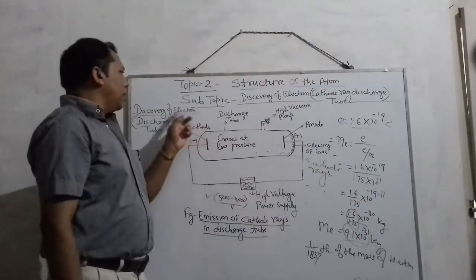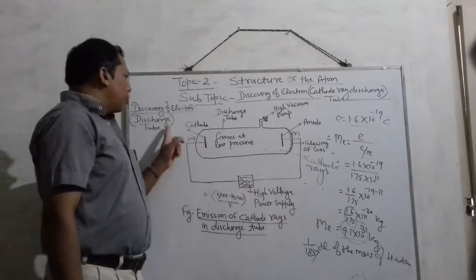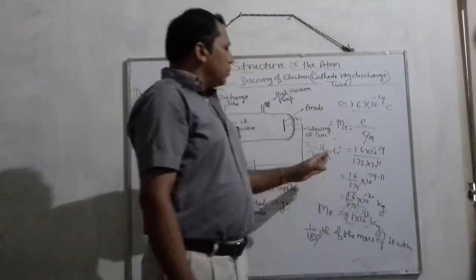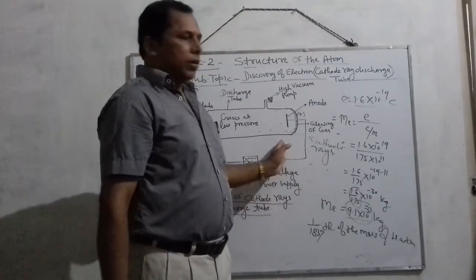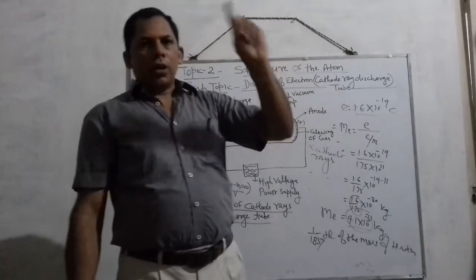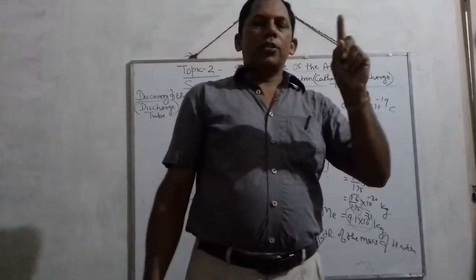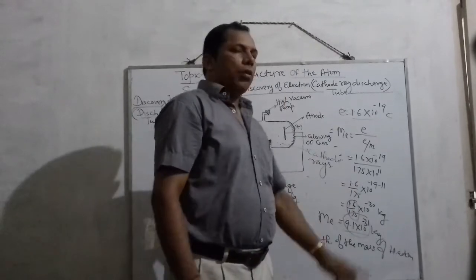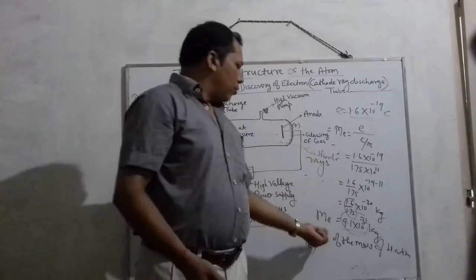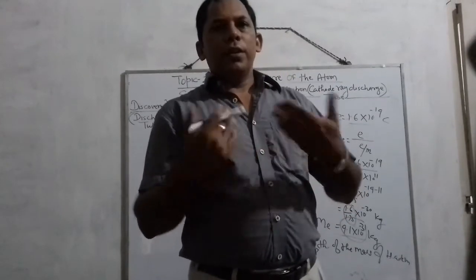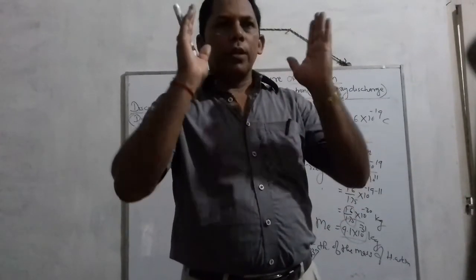We have studied the discovery of the electron, the cathode ray discharge tube, the results of this experiment, the charge mass ratio, the charge of the electron, the mass of the electron, how it is calculated, and its relation with the mass of the hydrogen atom.